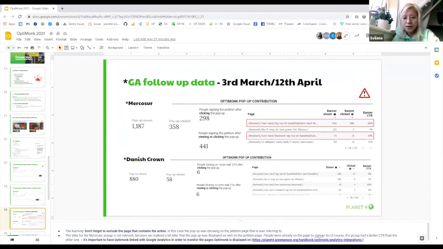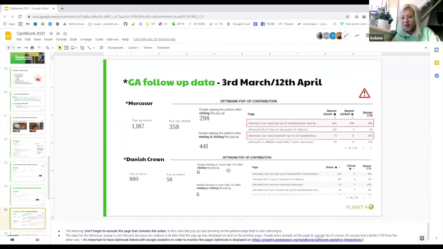So there is this distinction between people who only saw the pop-up and just didn't interact with it, they just moved on, or people who actually clicked on the pop-up and then performed the action. It's a good conversion rate.